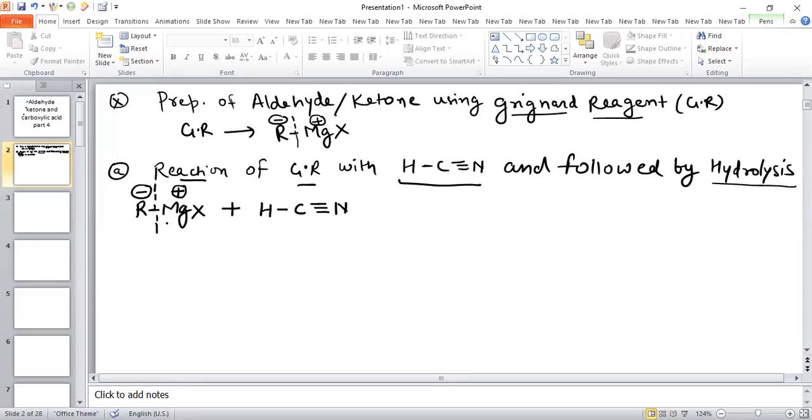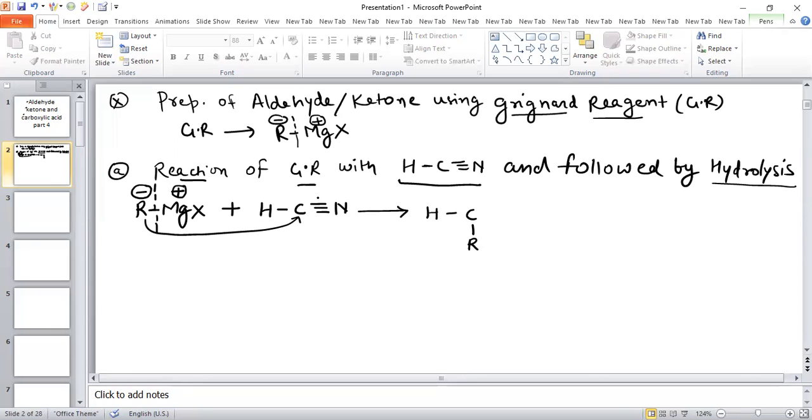Now see what happens. Because nitrogen is more electronegative, this R minus will attack the carbon. When this R minus attacks the carbon, it will form H, C, and R is present on this carbon.